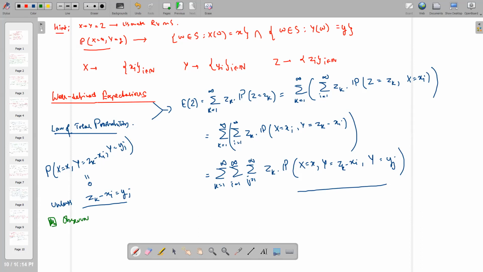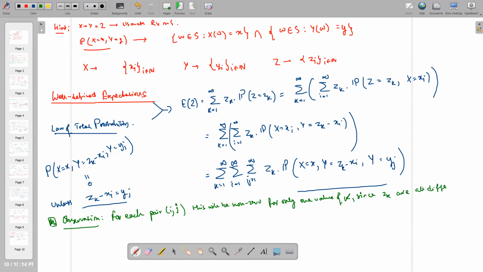Observation: for each pair ij, this will be non-zero for only one value of k, since zk are all different, right?